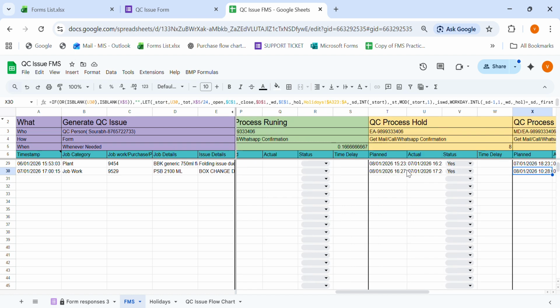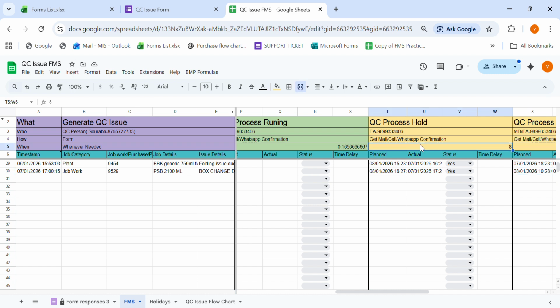This process is executed by the EA department within a time period of 8 hours. The PC person contacts the EA person and finds out what action is taken by the EA department. EA is responsible to take the action.